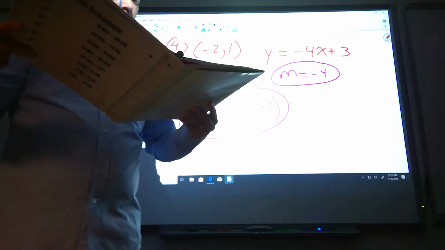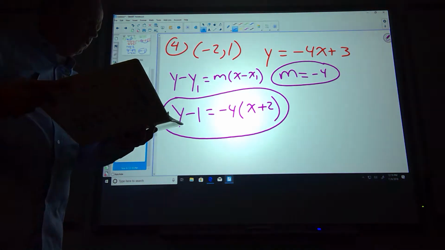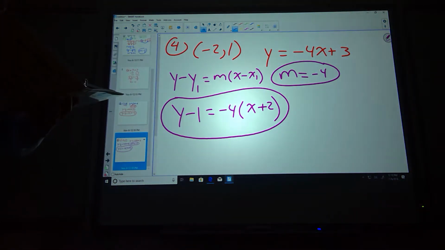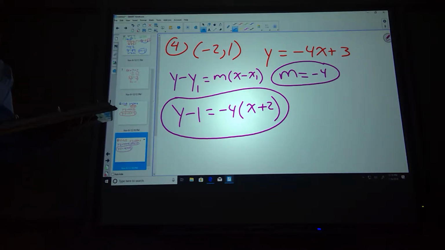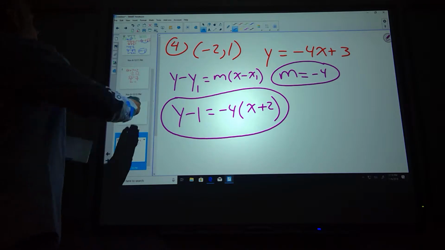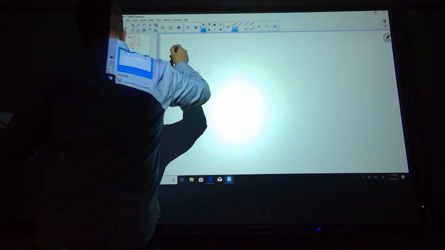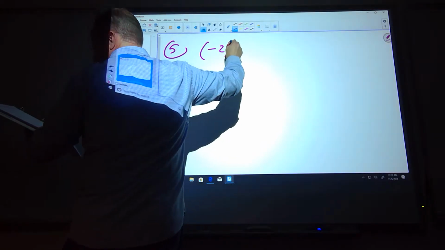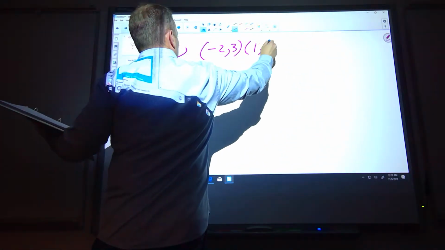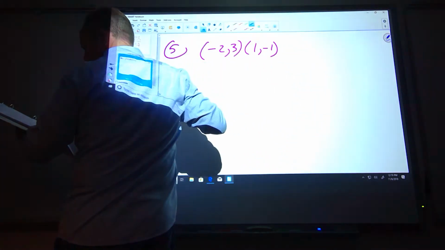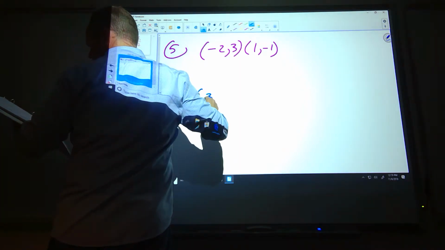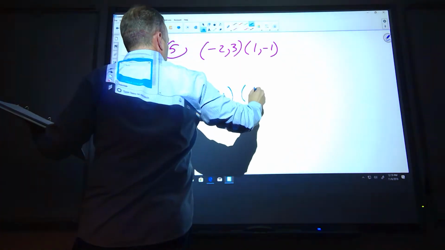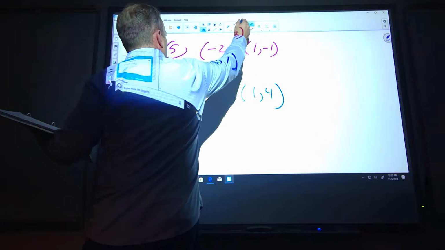So then, as we move on to number 5, it is very much like number 1, but they just want to know, can we determine if it's parallel or perpendicular? Let's take a look at number 5. So I have this point, this point, and this point.